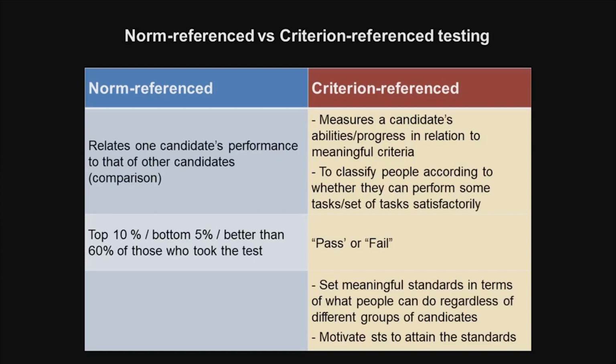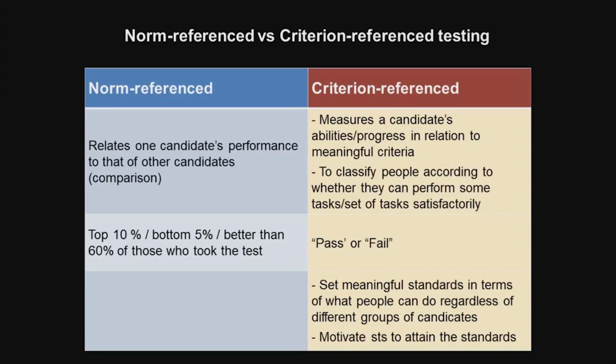And you use it to classify people according to whether they can perform some tasks or set of tasks satisfactorily. The results of this type of test are used to decide whether the students pass or fail a course or a program.